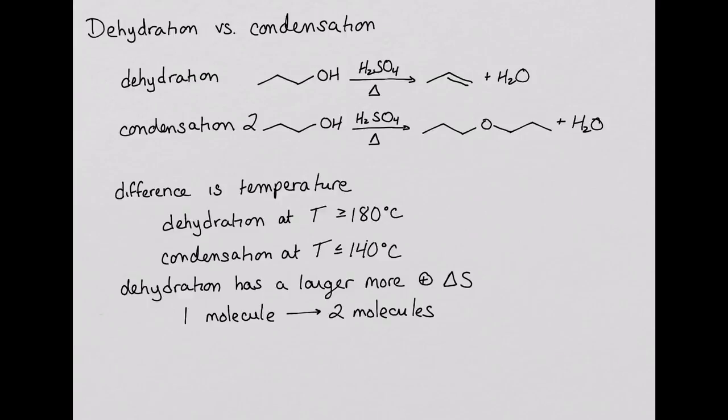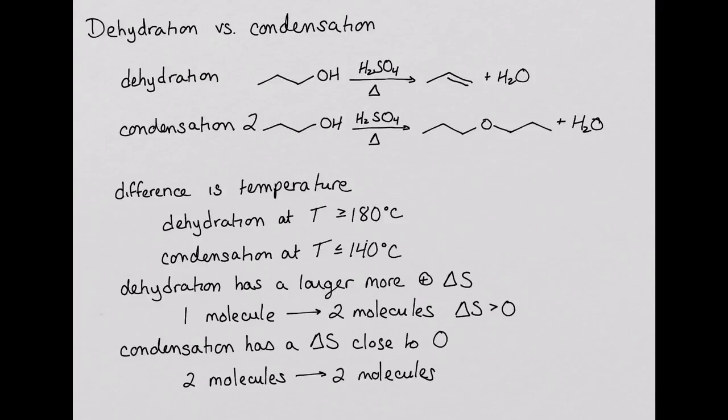This leads to an increase in disorder of the system. In other words, a positive change in entropy. Condensation has a delta S, a change in entropy, that is close to zero. This is because the condensation reaction takes two molecules of reactant for two molecules of product, causing very little change in disorder. In other words, a change in entropy close to zero.